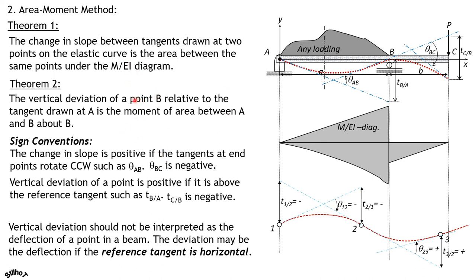If the tangent at the fixed end is the reference tangent, then that's the only time that the vertical deviation of one point relative to the tangent, which is horizontal, will automatically be the deflection. So I hope that it's clear now, so that you can practice solving problems on beams and computing the deflection and the rotation or the slope of a point on the beam.